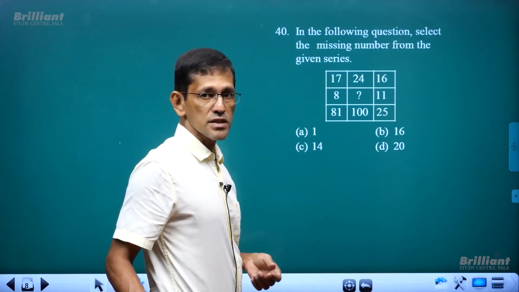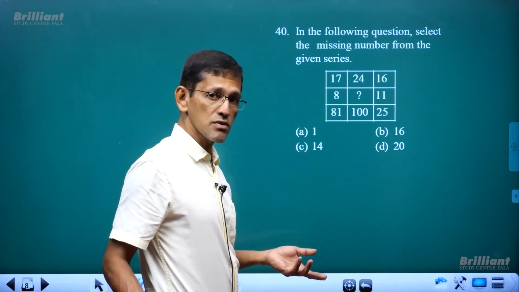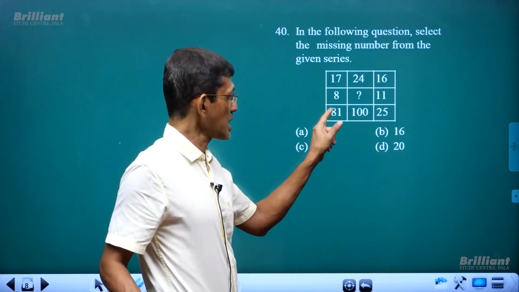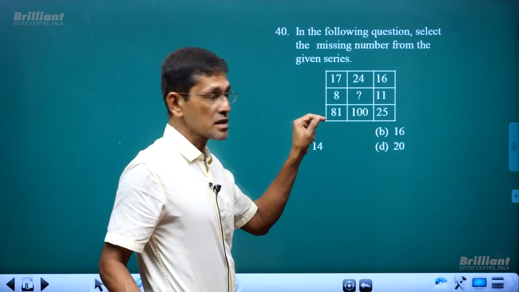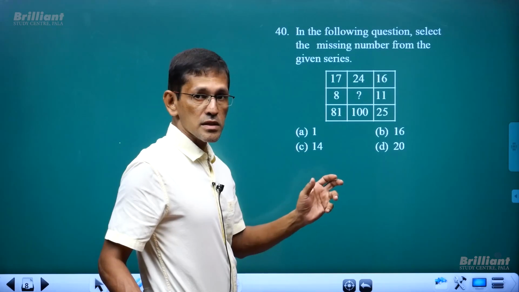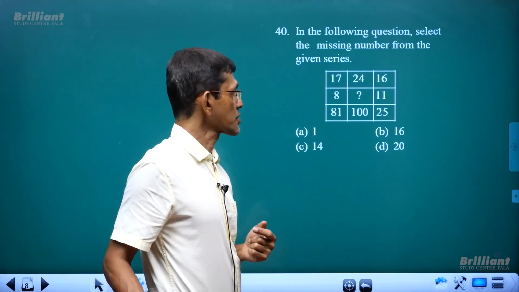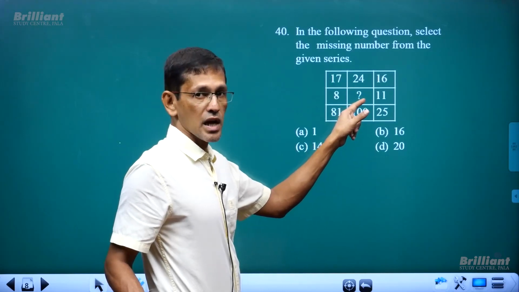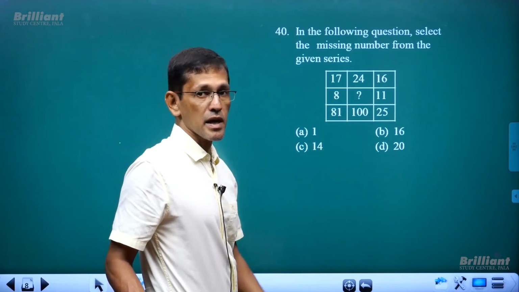Any of those answers, it's not among the choices. Even if that answer choice is given, it's not a pattern because it's minus 6 here. 81 plus 25 minus 6 is 100. 17 plus 16 minus 9 is 24. So we cannot have minus 9 or minus 6 because it doesn't make any pattern at all.